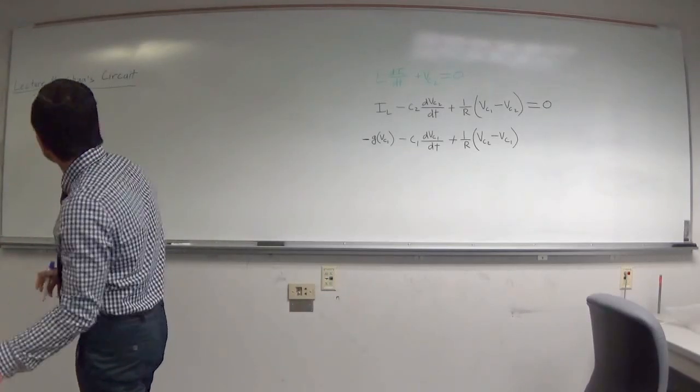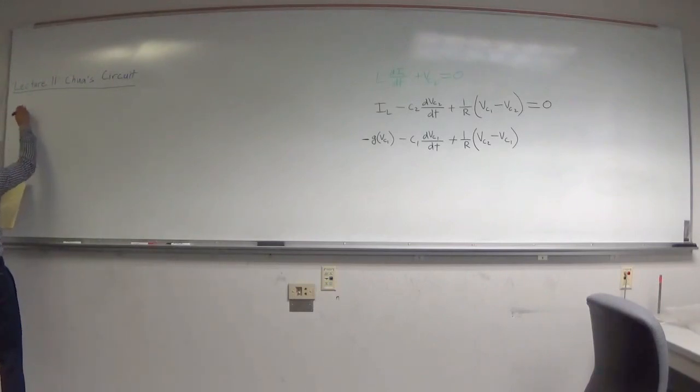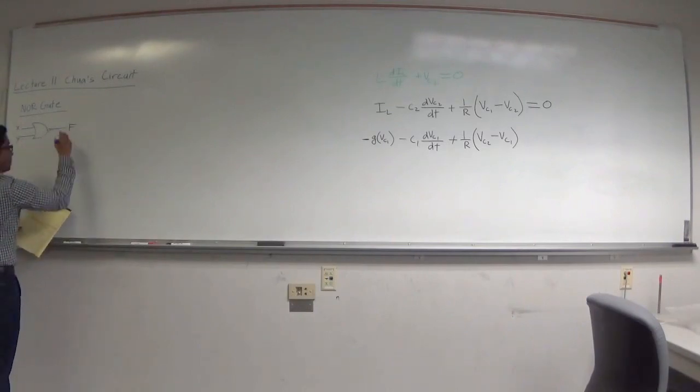So this is how we represent a NOR gate. So whenever you see this, it's going to be a NOR gate. And let's say the inputs are X and Y, and the output is F.